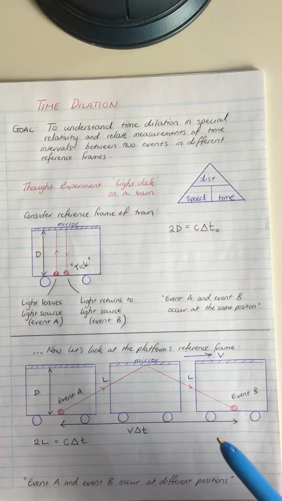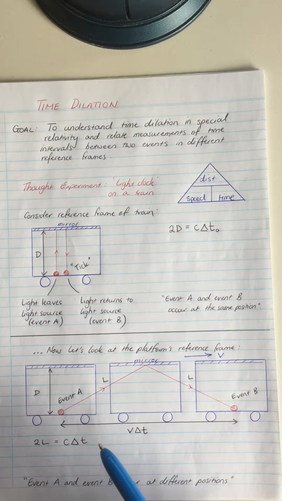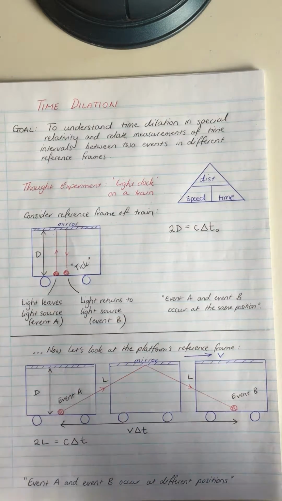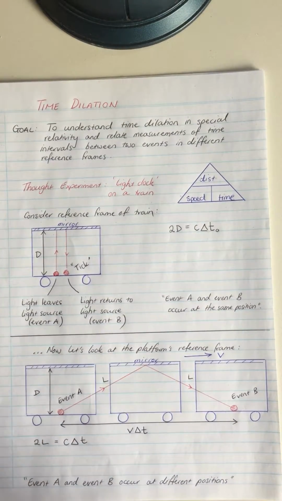But the speed of light doesn't change. It must still be C. So it's travelling a greater distance but at the same speed, which means you might be able to guess now what we're going to expect is that the time that this person measures is going to be greater. We're going to see how that works out with a little bit of maths in just a minute.